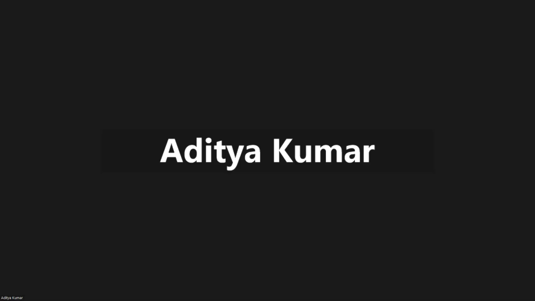Okay, moving forward, we have Aditya Kumar. You can unmute yourself, Aditya. Yes, sir. Please turn on your camera. Yes, sir. I hope you can see me. Yeah, I can see you. I have 3 presentations to give today. Shall I start?